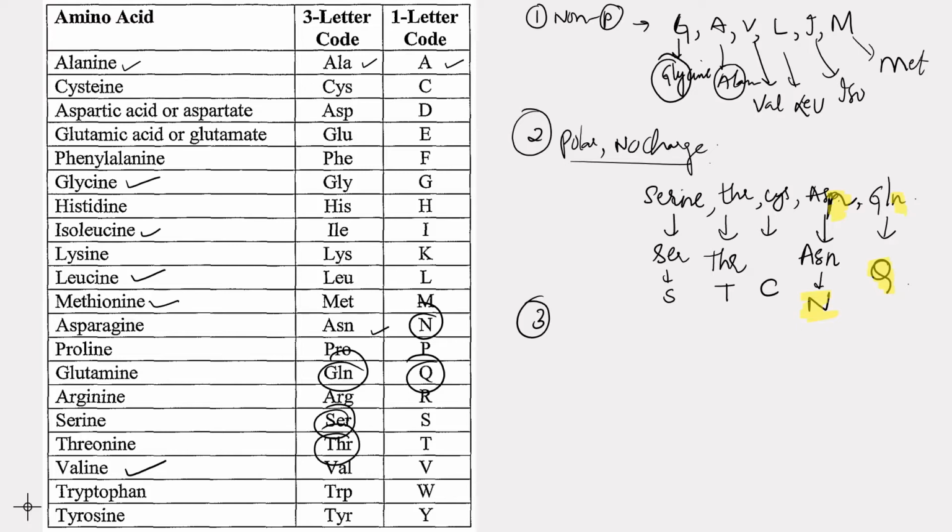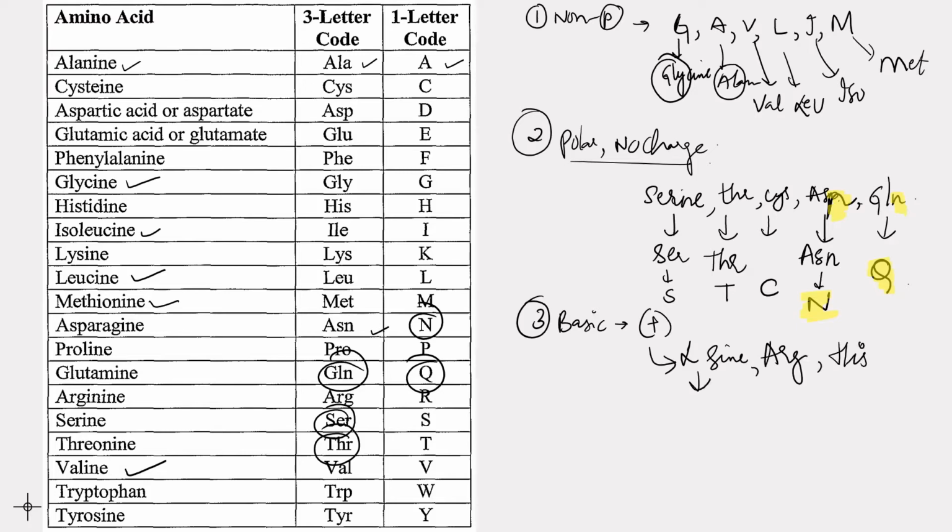And next we see the basic amino acids. Basic amino acids have a positive charge, and only 3 of them are there: lysine, arginine, and histidine.